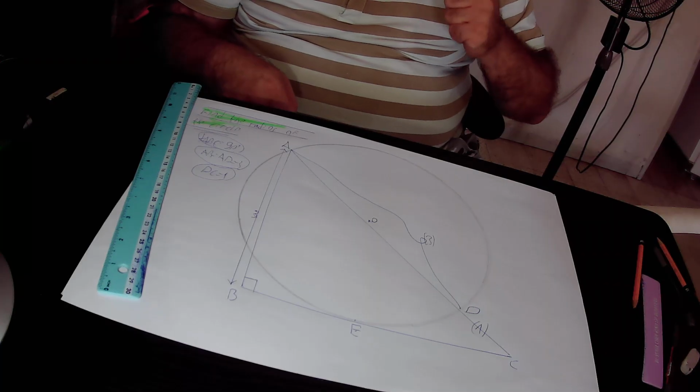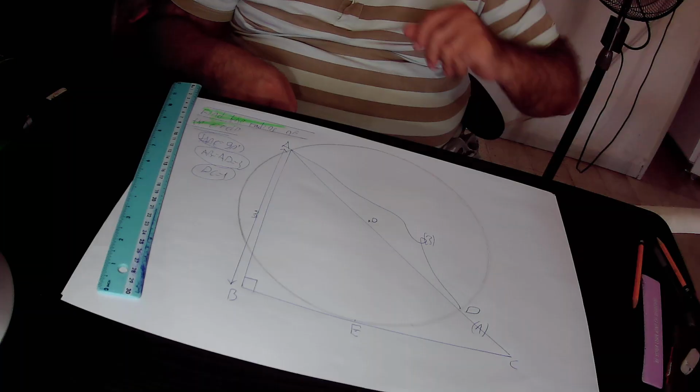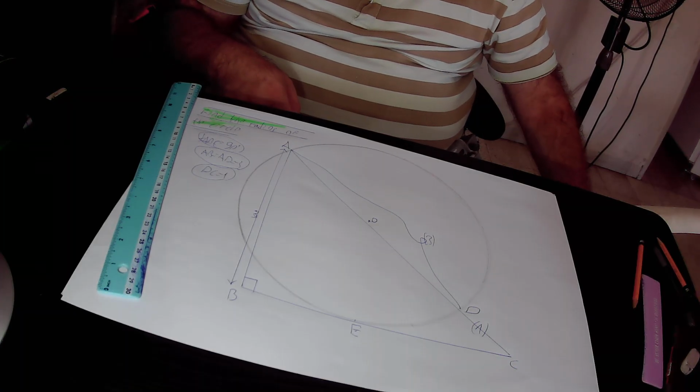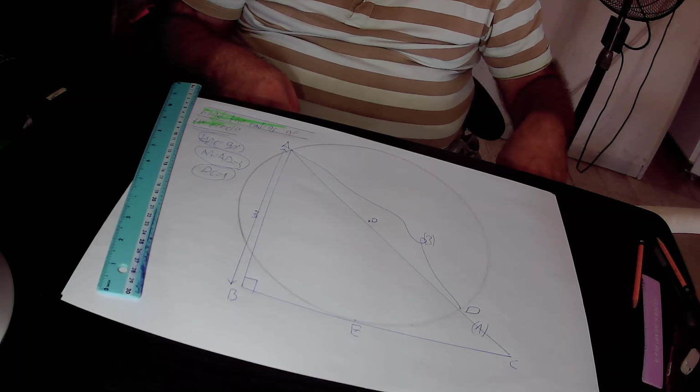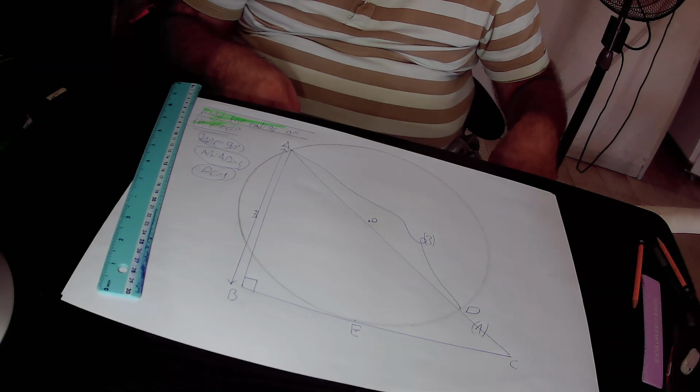So first of all, we can implement our drawing rule 25. Rule 25 is also defined as the second tangent theorem.